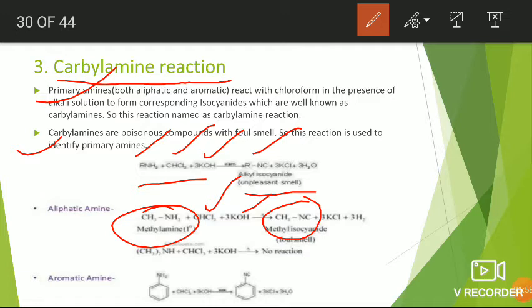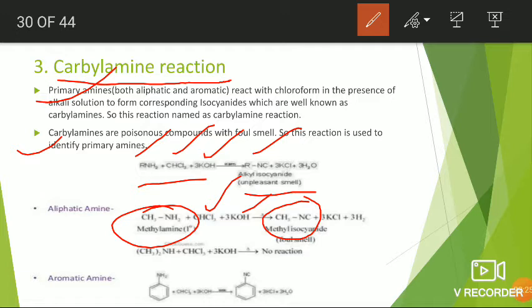MIC is methyl isocyanate, which was released during the burst in the pesticide industry in Bhopal in 1984. So it is a very poisonous gas. Methyl isocyanate is also a poisonous gas.